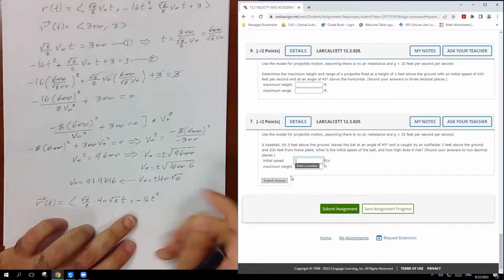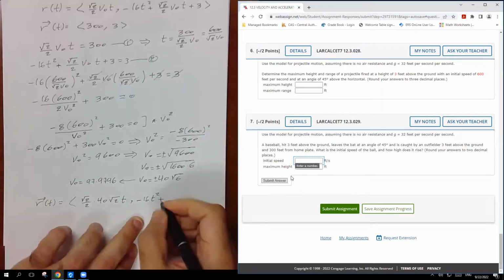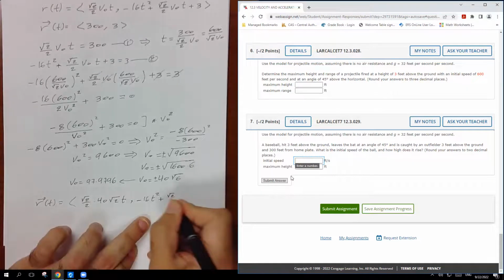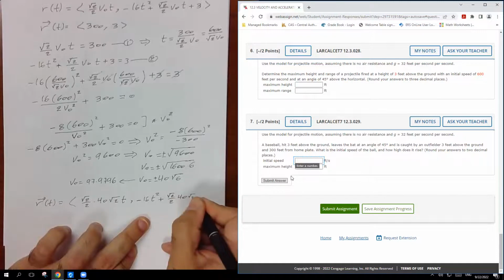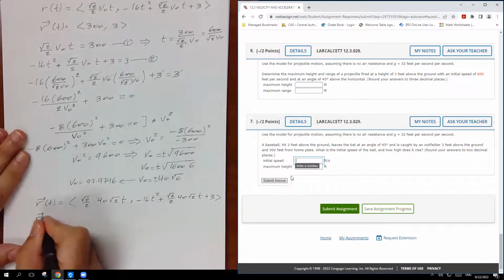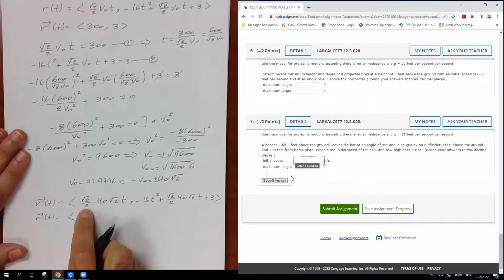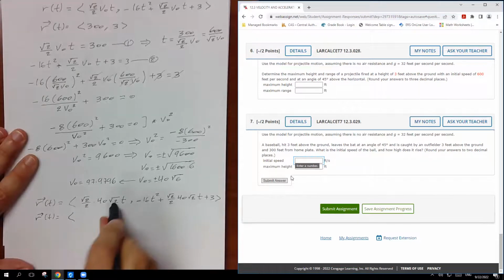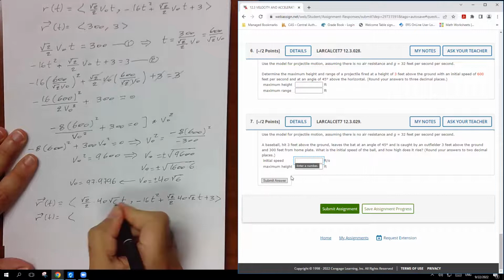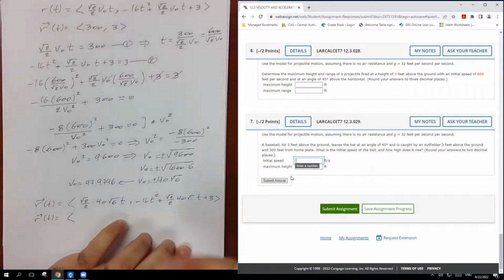Let's write down the position vector: negative 16 t squared plus square root of 2 divided by 2 times V naught, which is 40 square root of 2, times t, plus 3. That means 40 divided by 2 is 20. Oh, here is the wrong thing. This is not 2, it's 6. V naught is 40 square root of 6.